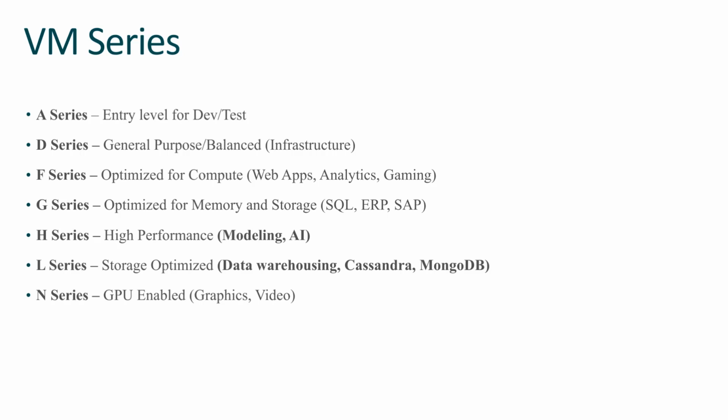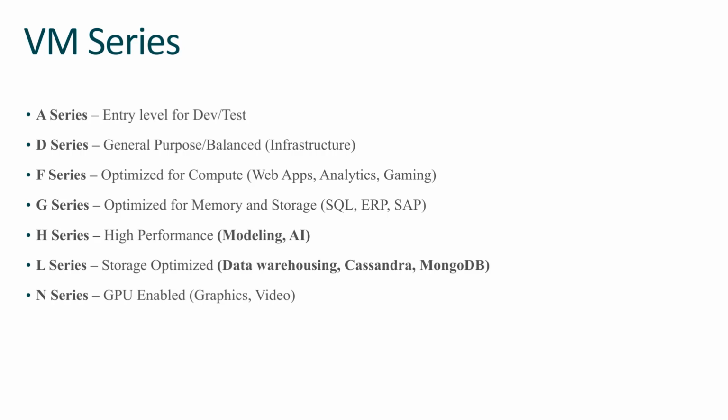A D series is the most common type of virtual machine that everybody uses. If you're putting a domain controller, a file server, or a low-end web server, a low-end database server, it's typically a D series. If you're doing something like high-end SQL database work, it might be a G series, which is optimized for memory and storage.